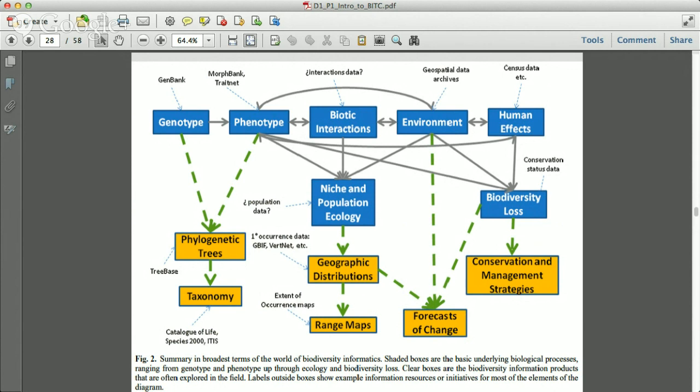And that's a big problem, because we can't, for example, ask questions about how genes respond to environmental variation and how those interactions might respond to human effects on landscapes producing biodiversity loss. So many of the most interesting questions are at the outset off limits to us simply because those data streams are unlinked and disconnected.